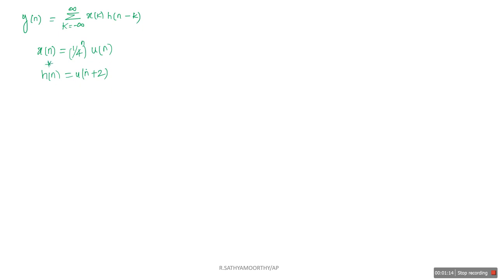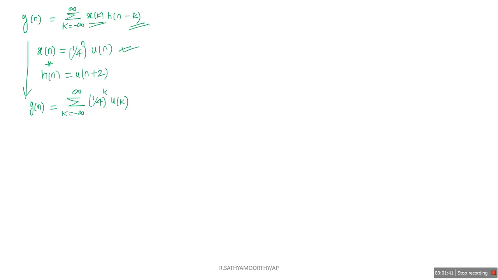Now, by using this equation, we write y of n equals summation k equals minus infinity to plus infinity. We change the index n to k in x of n, so since this is x of k, we have (1/4)^k u of k.